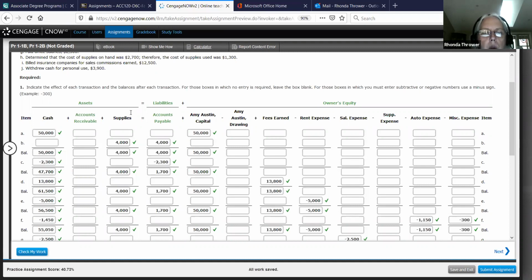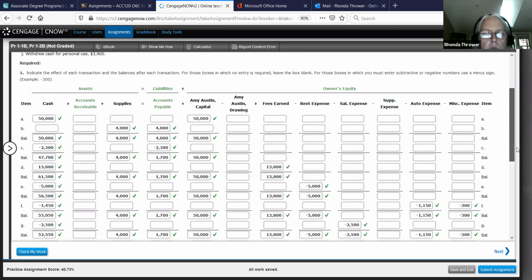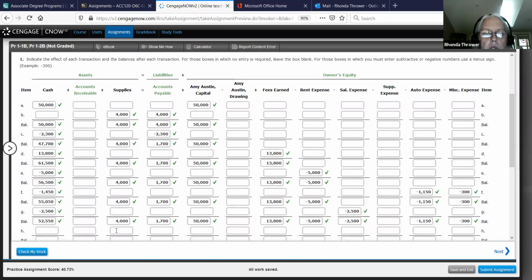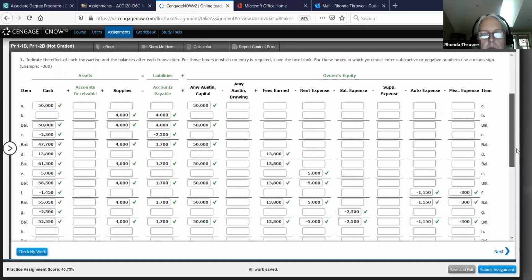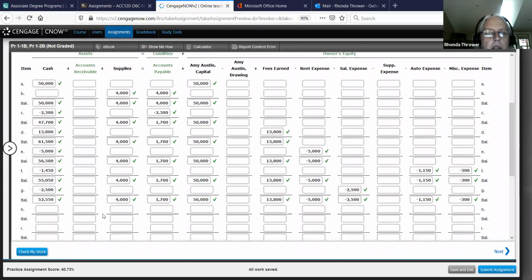What we want to show is that the balance in the supplies account is no longer $4,000 because we know that we've used a portion of that supplies. We want to show how much it's gone down by. The amount that it's gone down by is $1,300. So my supplies is going to be decreasing by $1,300. At the same time, because my supplies, which was an asset, is used up, my supplies expense is going to be affected.